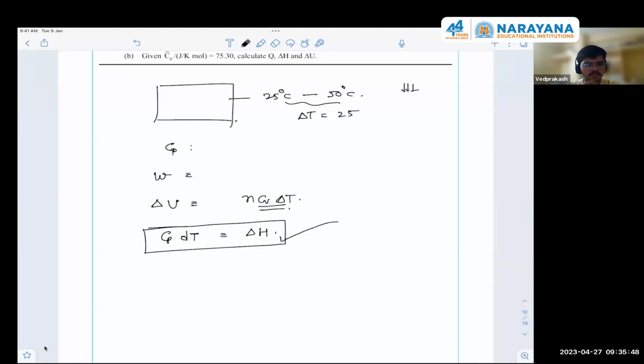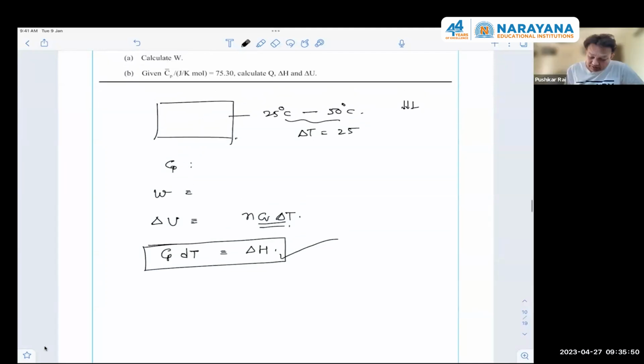Yes, sir. Since the process is isobaric, you can say Cp into dT is delta H.